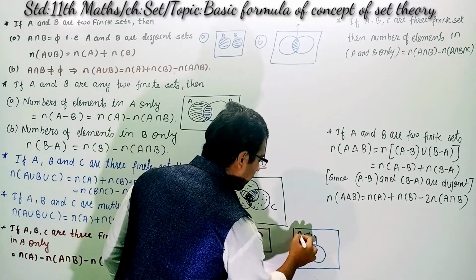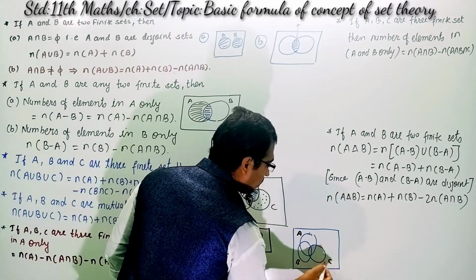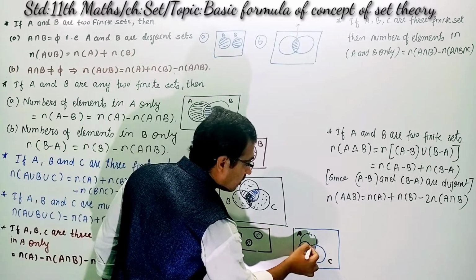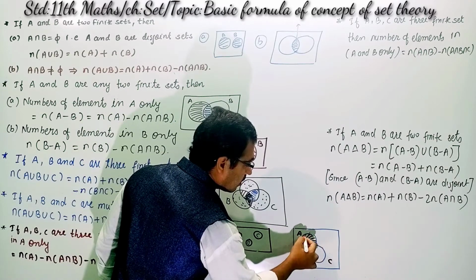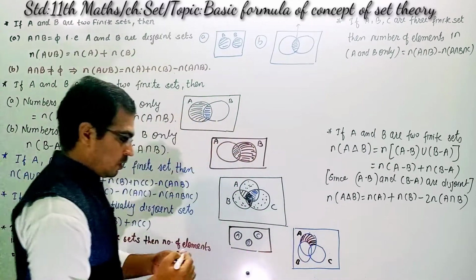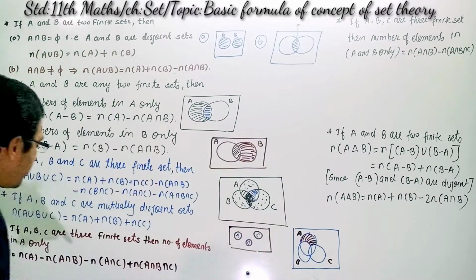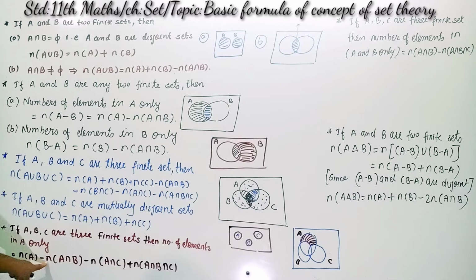Suppose this is A, this is B and C. We want the number of elements in A only, meaning we want to find the number of elements in this part. So you can write: number of elements of A minus number of elements of A intersection B.